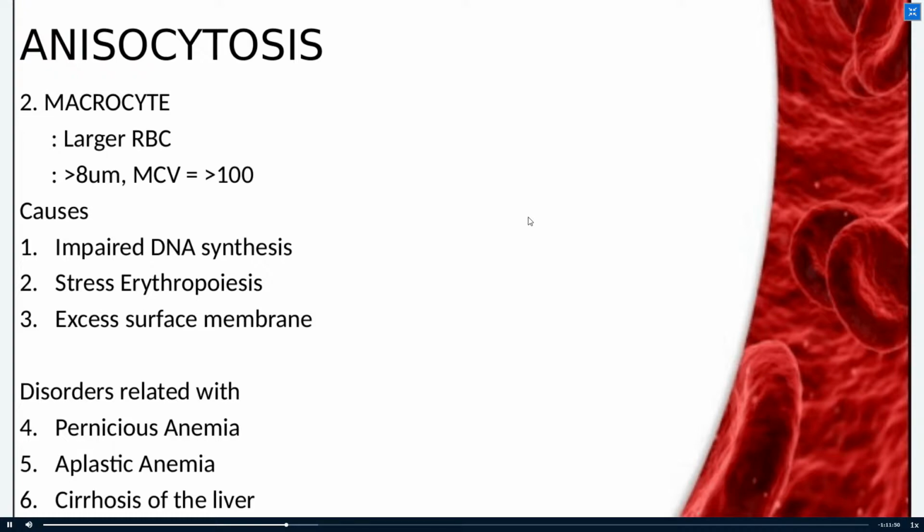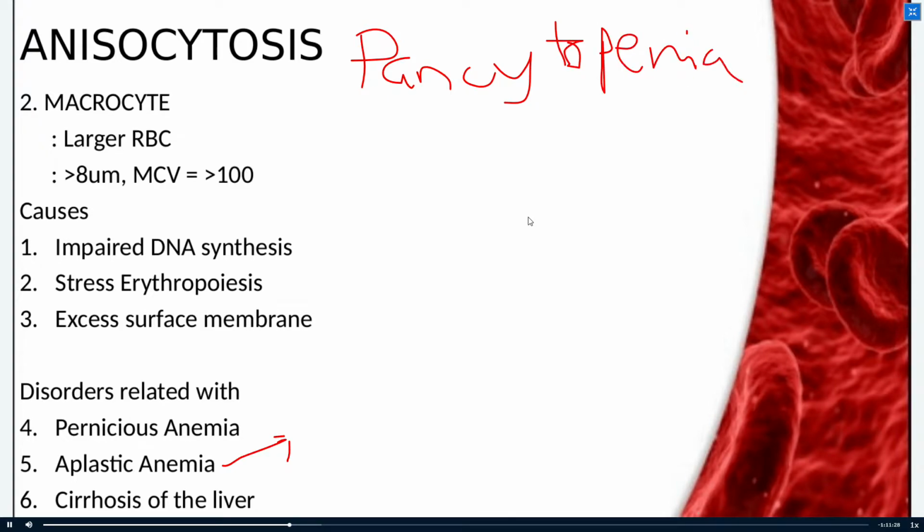Another one, class, would be your so-called aplastic anemia. Now, in aplastic anemia, this is primarily characterized by pancytopenia. Do you know, class, the meaning of the word pancytopenia? Any ideas?